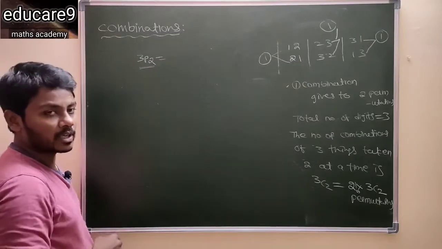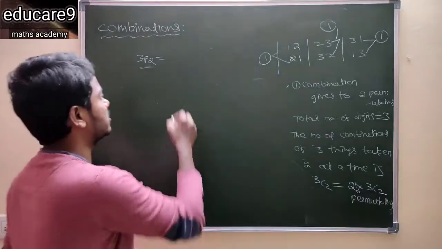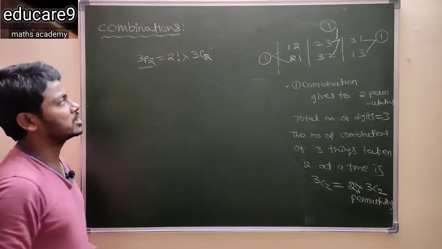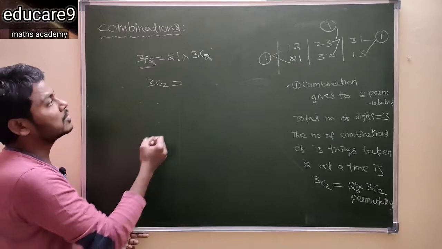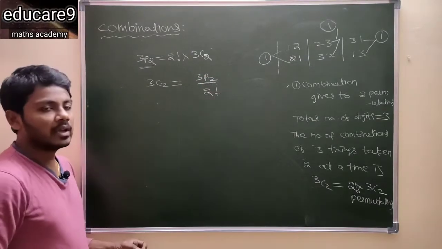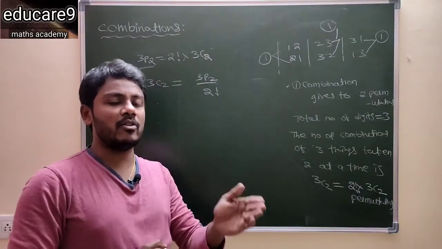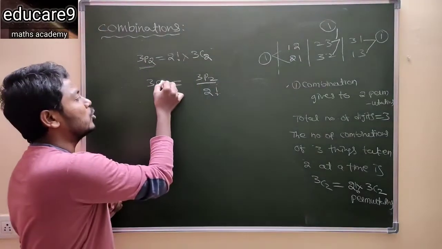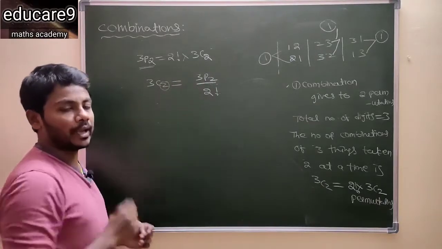So this is also equal to 2 factorial into 3C2. Therefore 3C2 is equal to 3P2 by 2 factorial. If the given objects are 3, then the number of combinations of 3 objects taken 2 at a time is the number of permutations divided by 2 factorial.